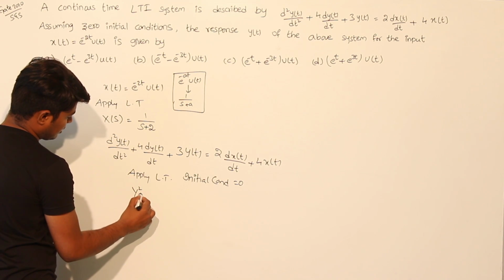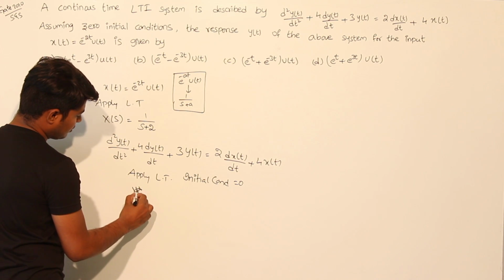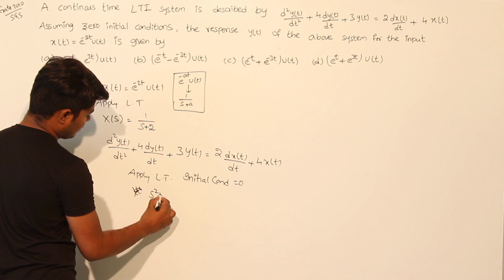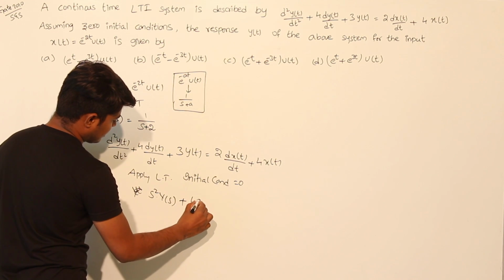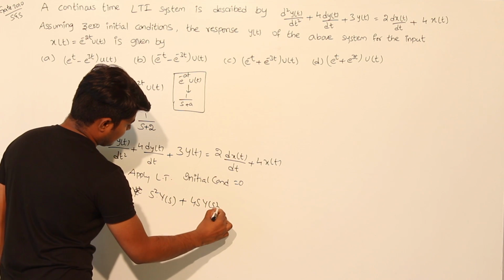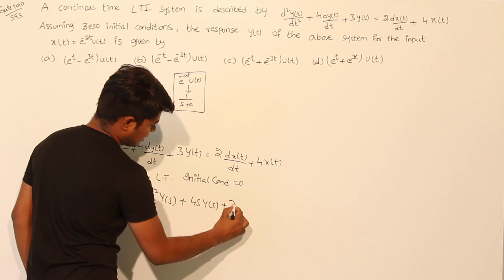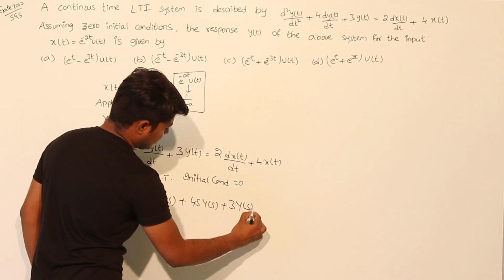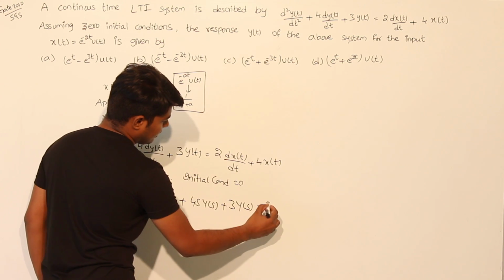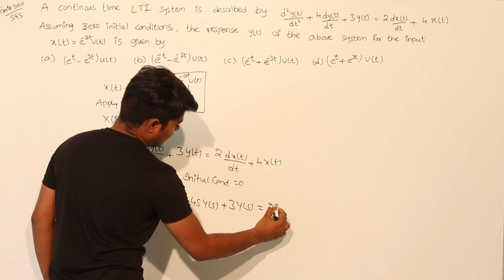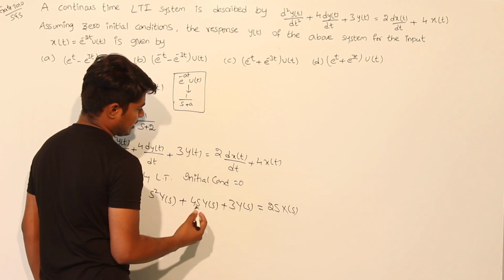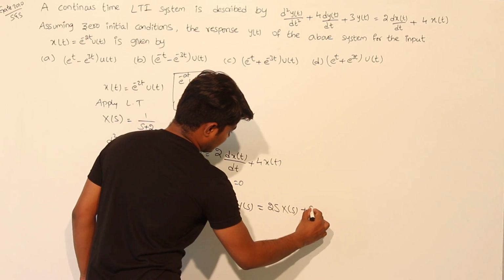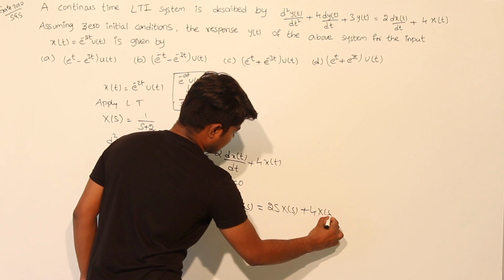This will become s square into Y of s plus 4s into Y of s plus 3 into Y of s is equal to 2s into X of s plus 4 into X of s.